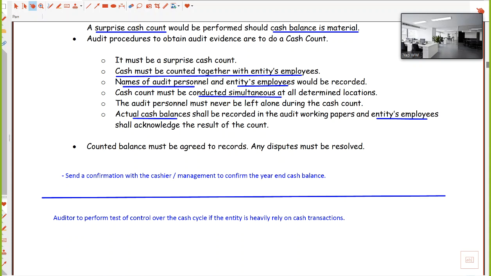Because this is not a substantive procedure. This is a test of control. It's a different thing.